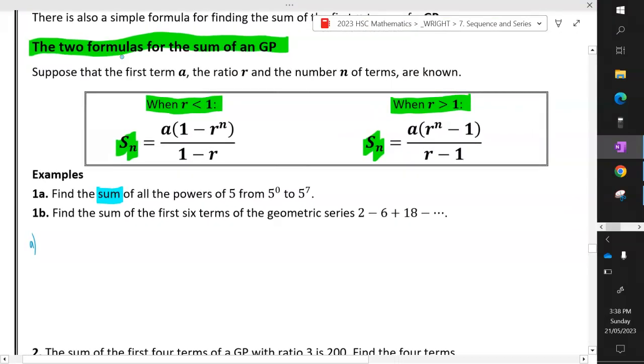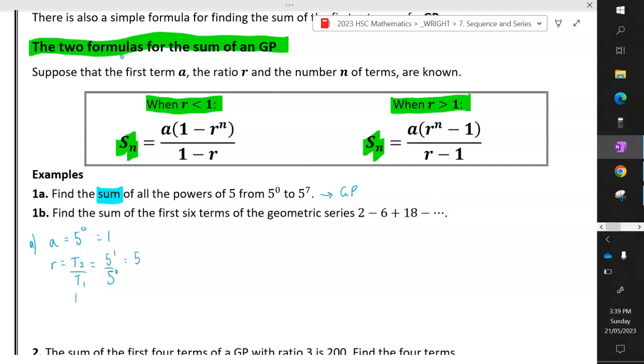Well, we know our first term, A, is going to be 5 to the power of 0, which is equal to 1. And our common ratio, we're in the GP topic, so normally we would test that it is a GP. I'm going to tell you in this case that it is a GP, but we can still test that term 2 divided by term 1 is our ratio, which would be 5 to the 1 divided by 5 to the 0, which is 5.